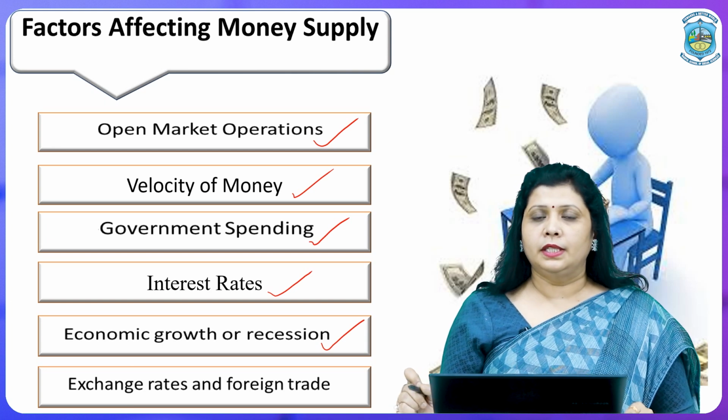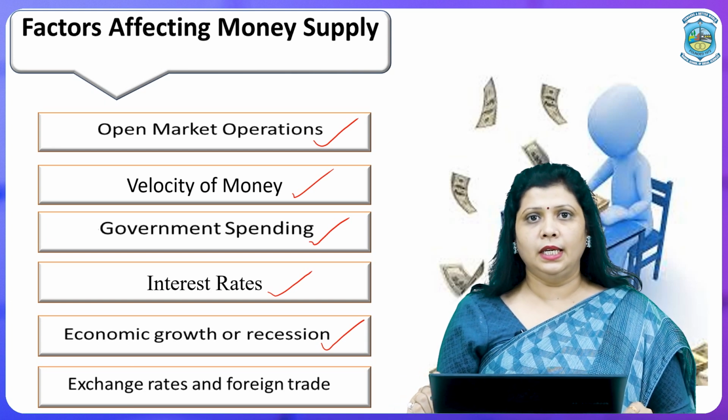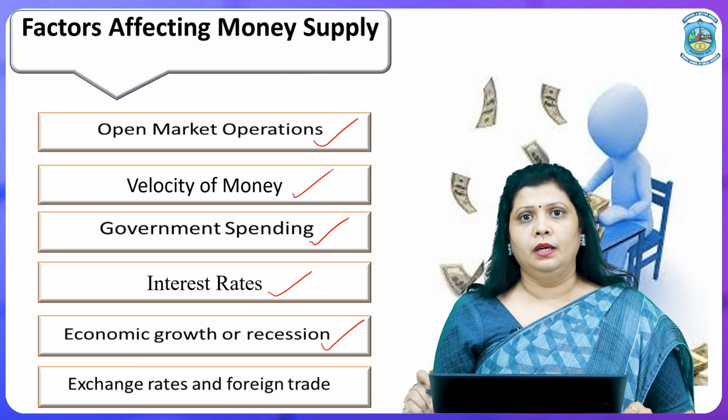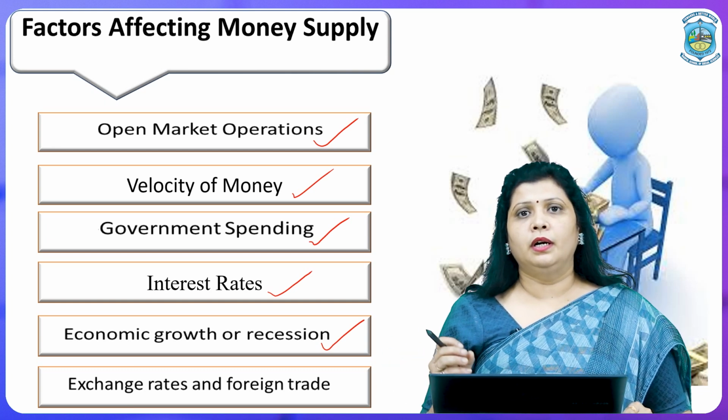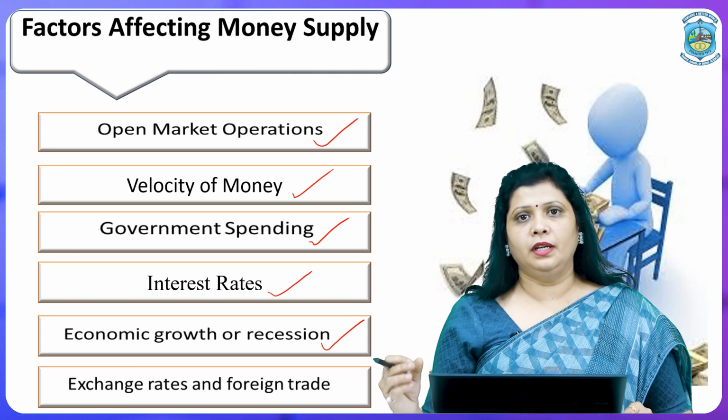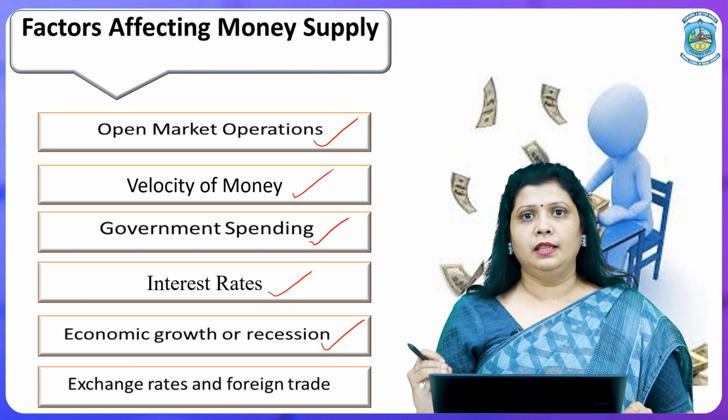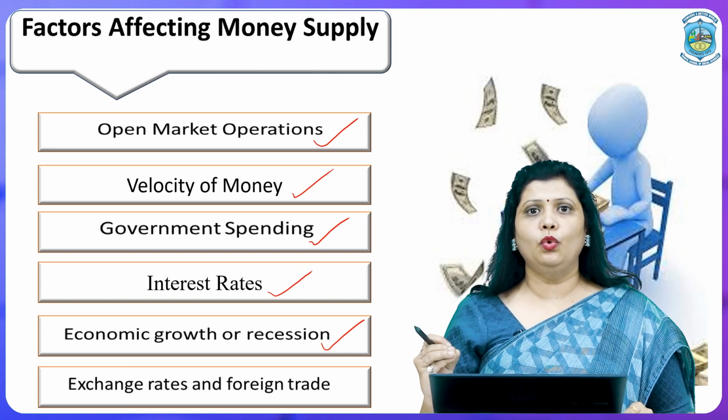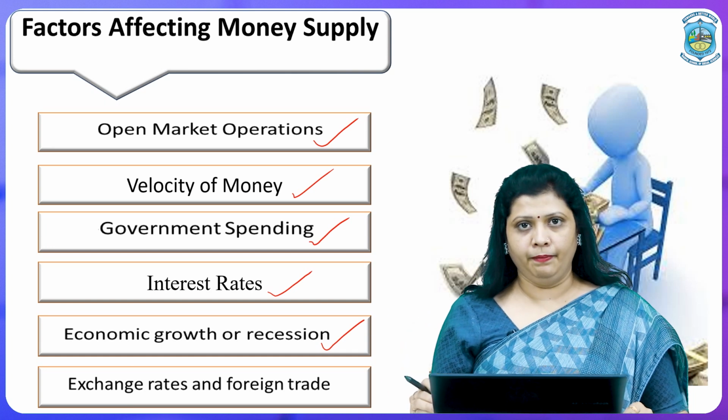The second situation is growth of the money supply. If an economy is growing day by day or every year, we can say it is helpful for creating more money supply.